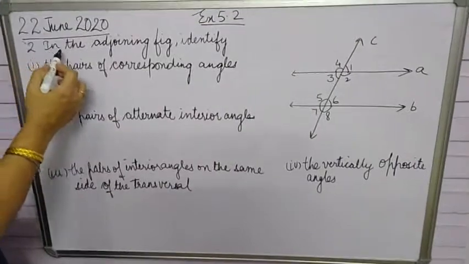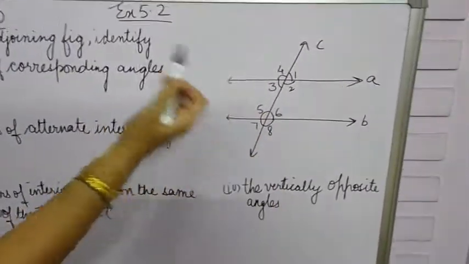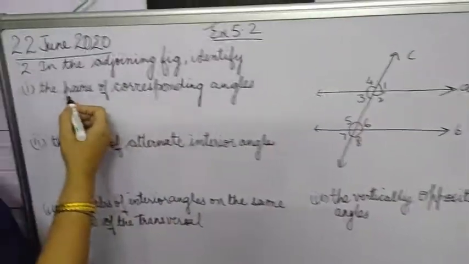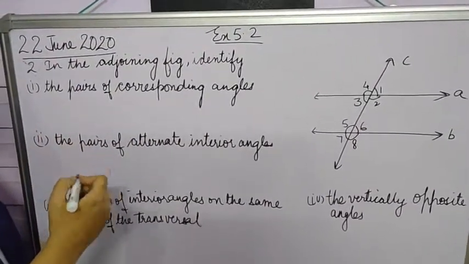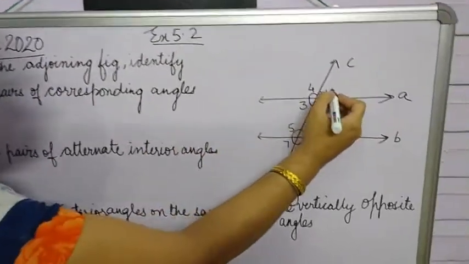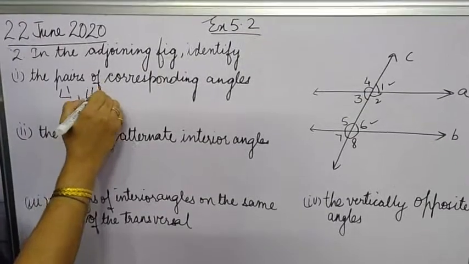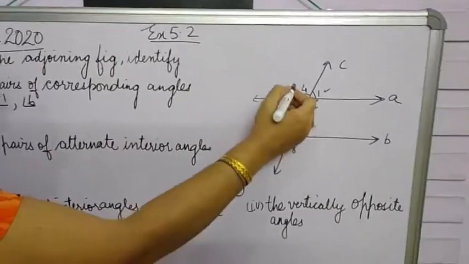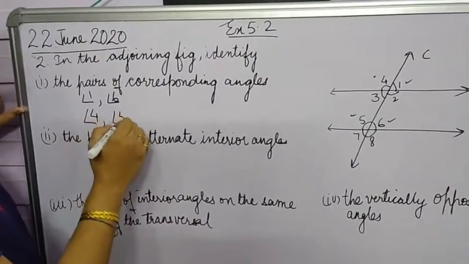Question number 2 is, in the adjoining figure, identify. This is the figure we are given, and here we have to identify the pairs of corresponding angles. Now corresponding angles means same side, same position, like we have already discussed. So first pair is angle 1 and angle 6. The second pair is angle 4 and angle 5.